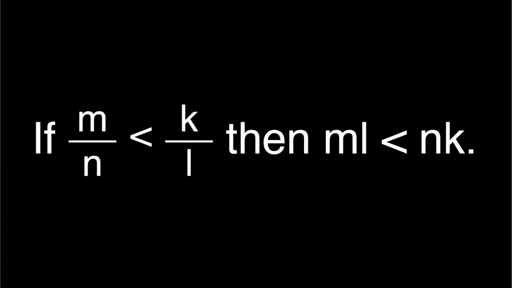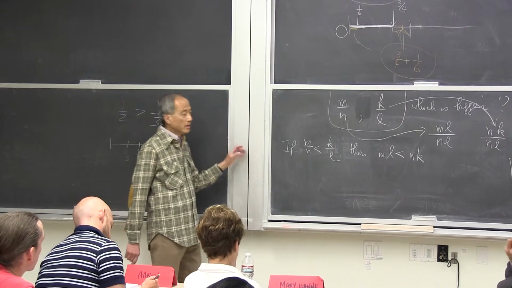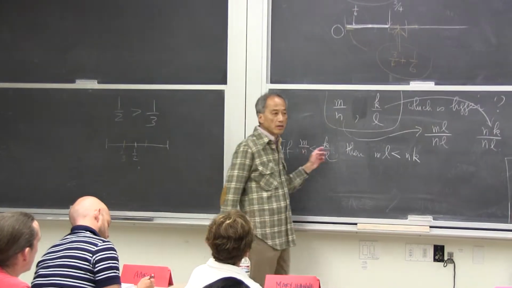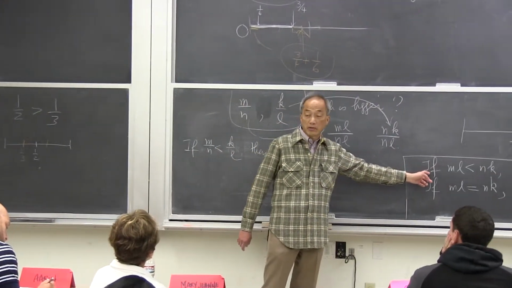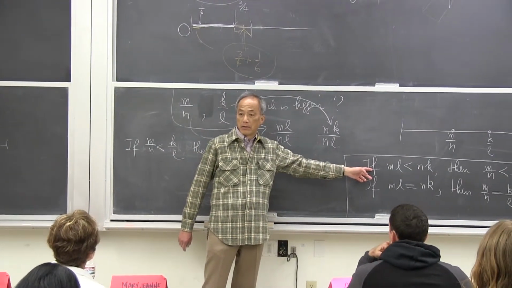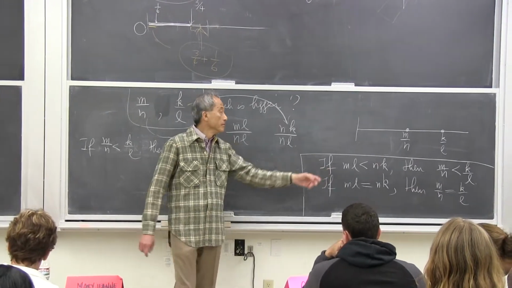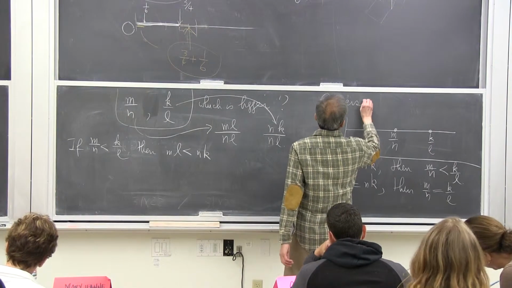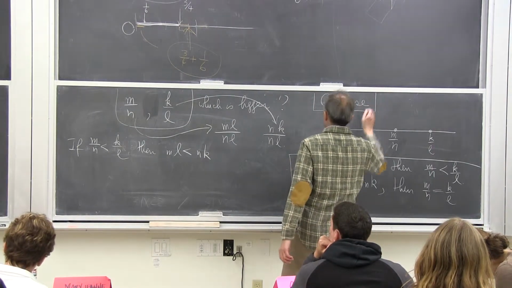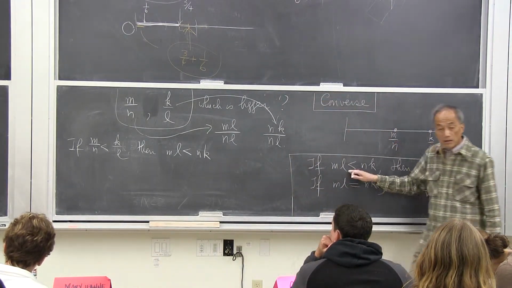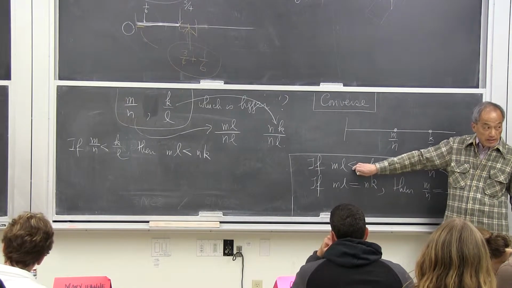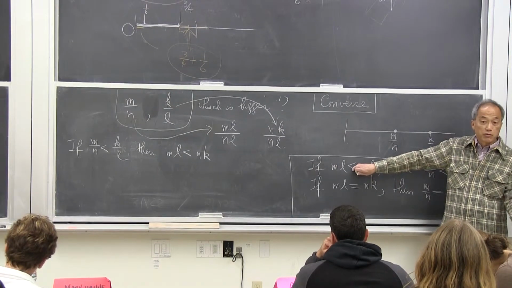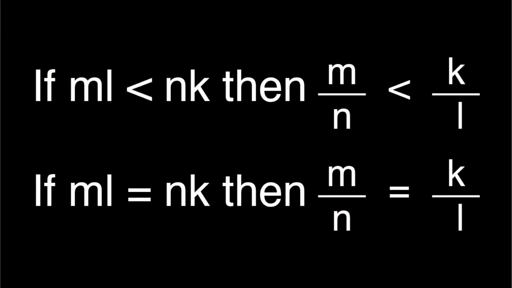I'm reversing conclusion and assumption. In mathematical parlance, this is called the converse of that one. Meaning here, in this position, this statement is what we assume to be true, and this is our conclusion.